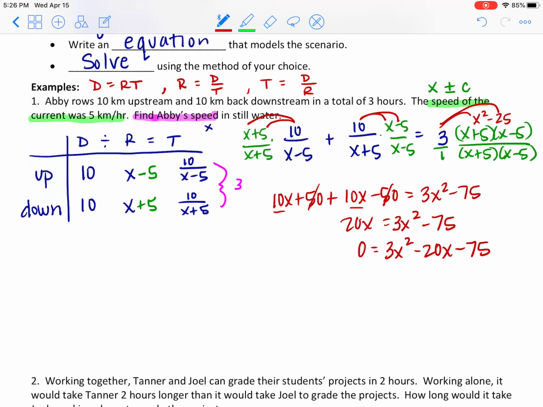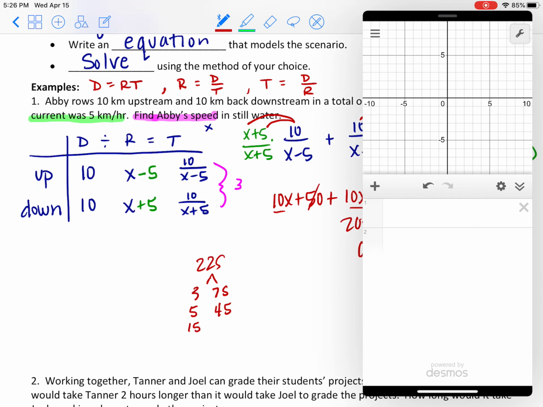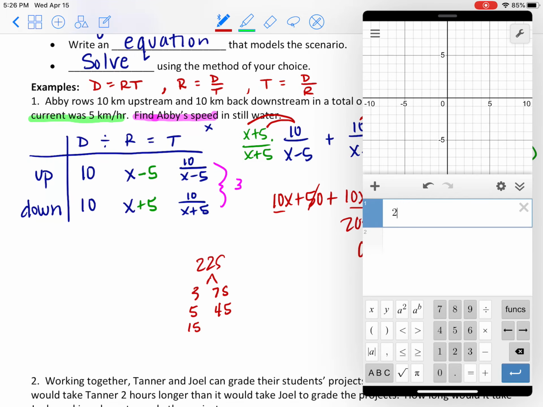And let's see, is this going to factor? Are there going to be factors of 75 times 3, which is 225? So 3 and 75, let's see, 5 is going to go in 45 times, 15, it's got to go in... I'm racking my brain here, I don't think this is going to factor.